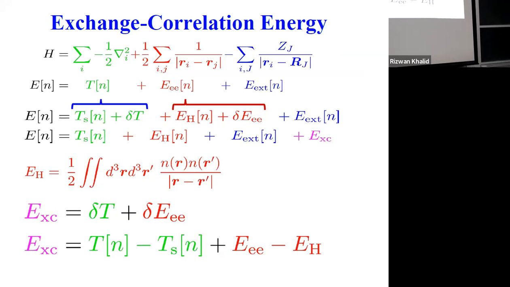So this exchange correlation energy has two contributions from kinetic energy and electron-electron repulsion. All functionals which you see in DFT are an effort to approximate this exchange correlation energy. Exchange correlation energy is probably about 1% of the total energy. Very small as compared to all other terms in this total energy.